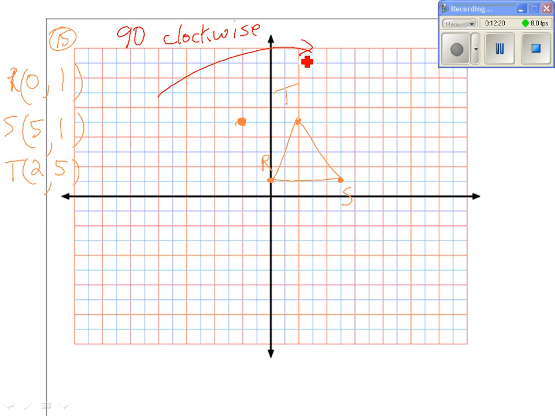Now, again, what I said I wanted you to do on this: since we're rotating about this point, the shape is going to turn and end up over in here somewhere. You could get out a protractor and a ruler and do all the stuff that would make it exact.